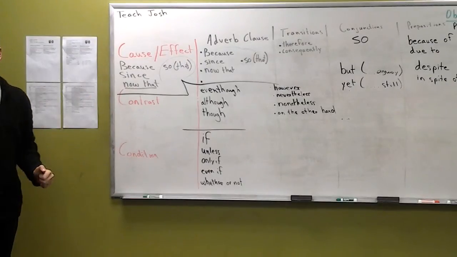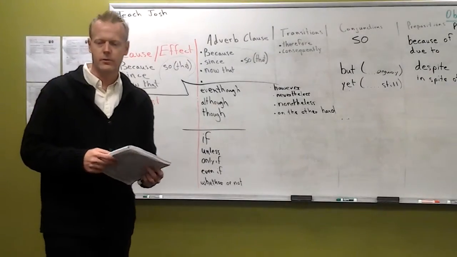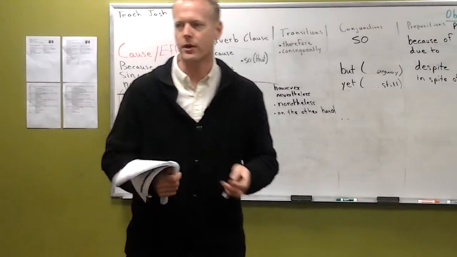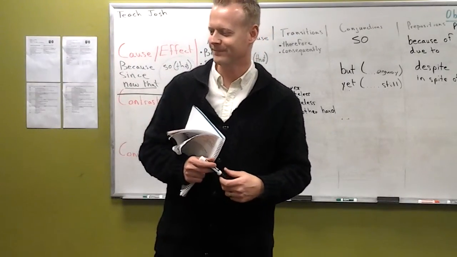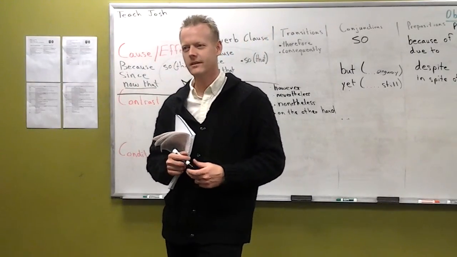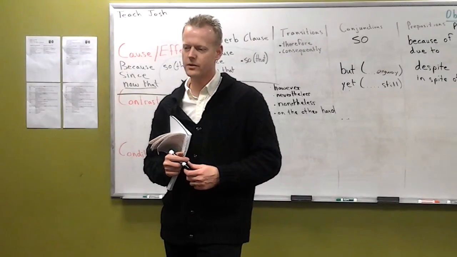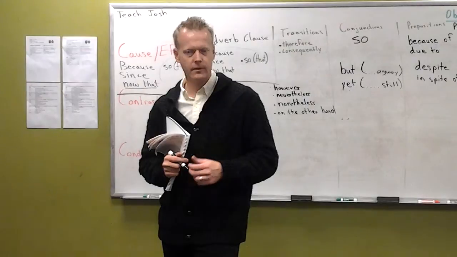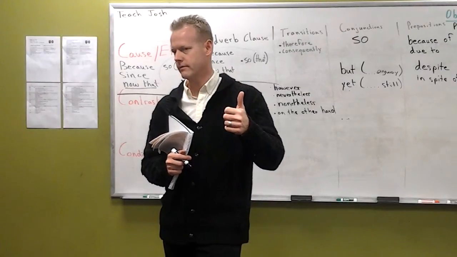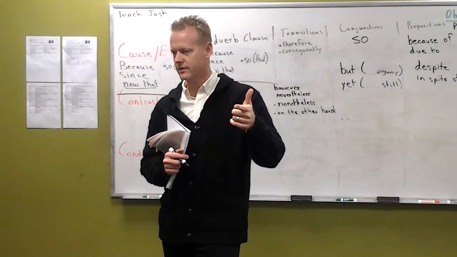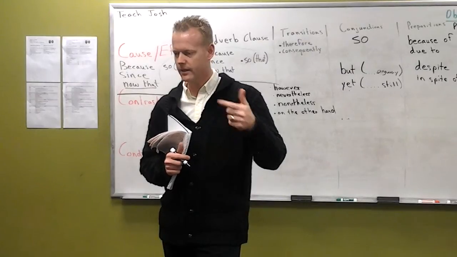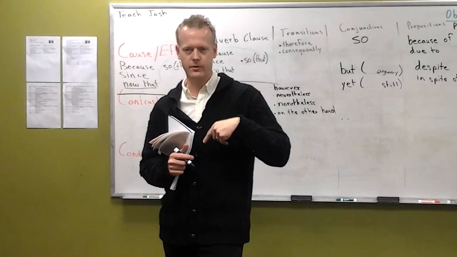So let me ask you a question. Do you guys remember with conditionals, how many conditionals are there? No, conditionals. So there's three. There's a first class condition, a second class condition, and a third class condition. And we're going to talk in depth about those.